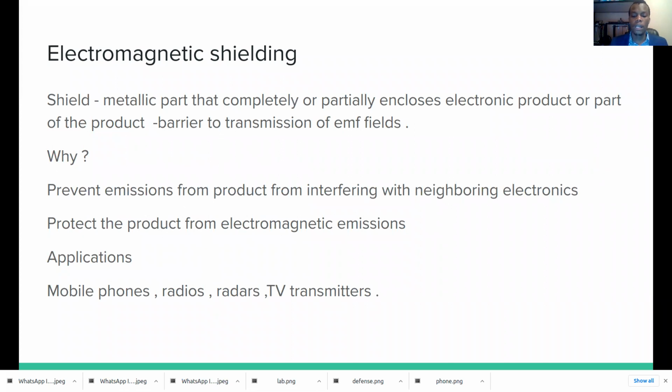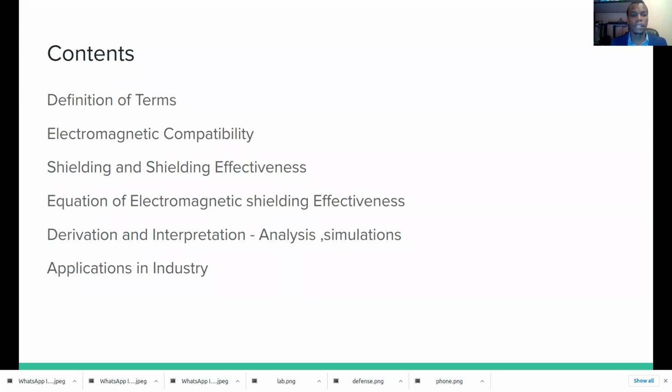So electromagnetic compatibility, if I start from there, these are tests which are done in the industry on an electronic equipment before it is supplied out there in the market.